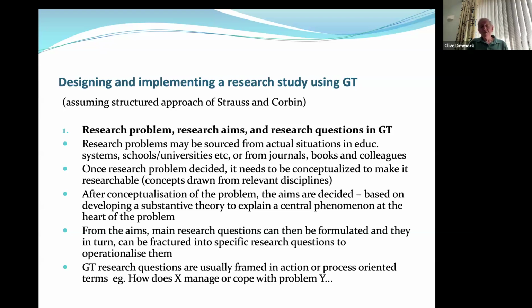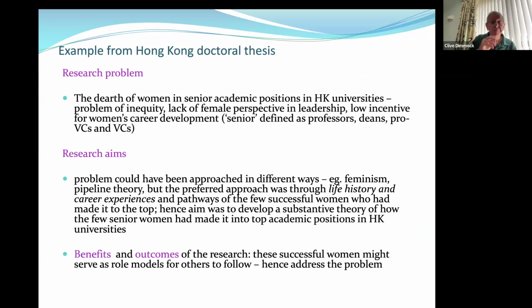And from the aims, you then get your main research questions and specific research questions. Typical GT research questions are usually framed in action or process terms. So a typical GT research question would be, how does X manage or cope with problem Y? That's how you couch your research questions.